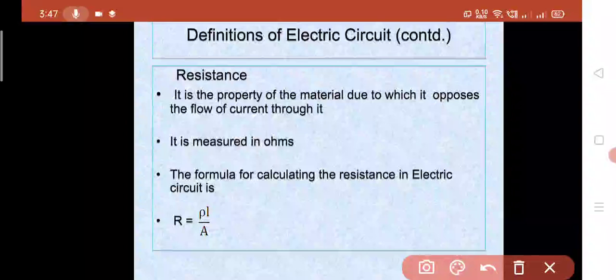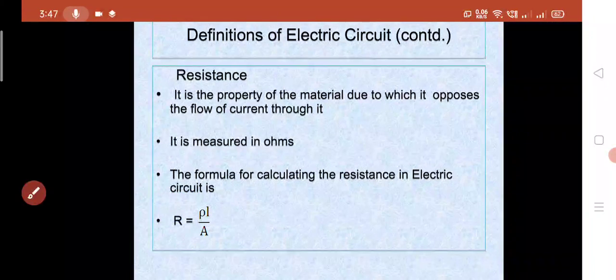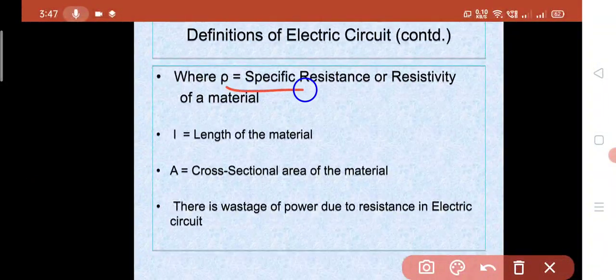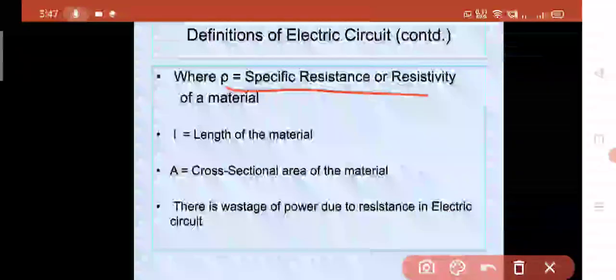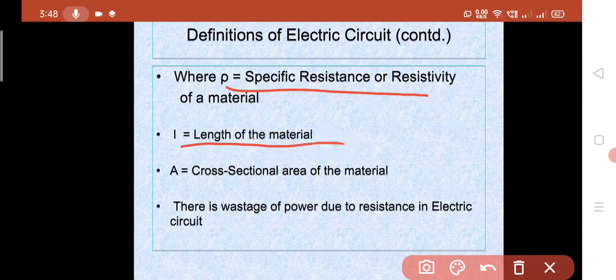Next point, the formula for calculating the resistance in an electric circuit is R is equal to rho L by A, where rho is the specific resistance or resistivity of the material, L is the length of the material, and A is the cross sectional area of the material.